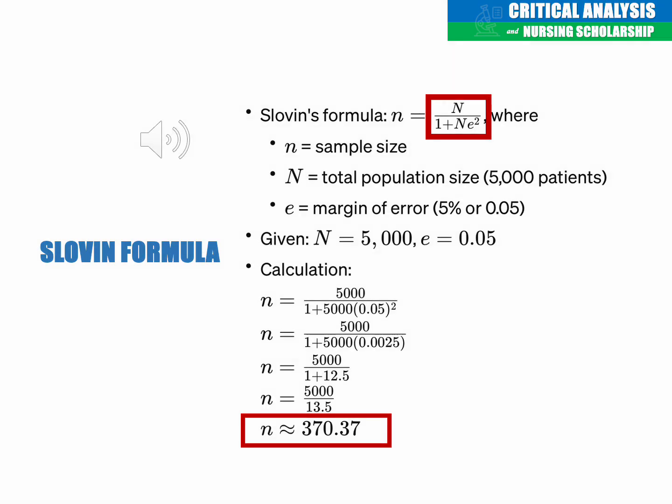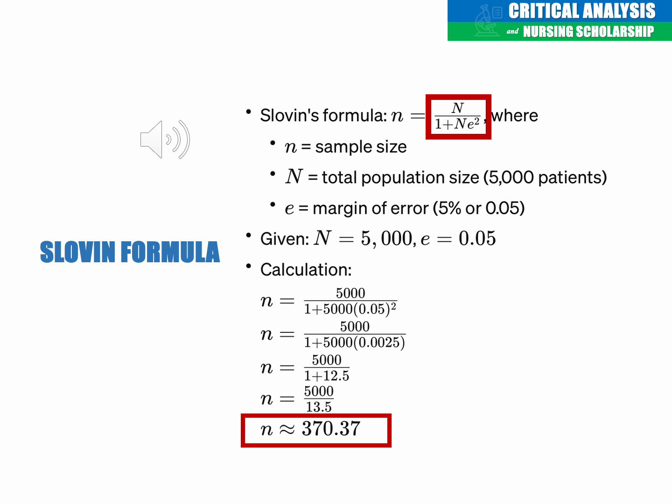One of the most common formulas that we use to determine the sample size in our research is called Slovin formula. In here, what you need to do is just to identify the total population size. For example, you have a population size of 5,000 patients, and you need to identify the margin of error. In most research, we utilize 5% margin of error, which means you are 95% confident that your research is valid and generalizable.